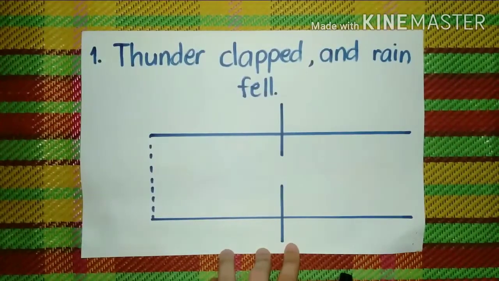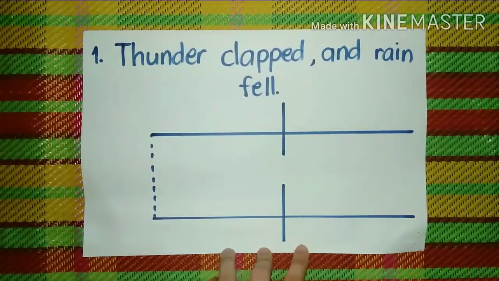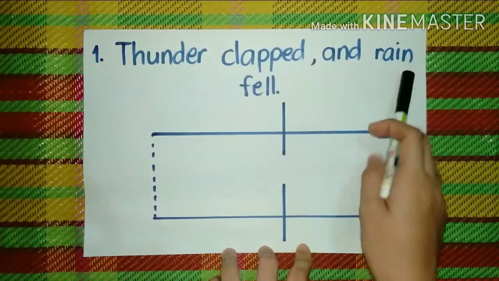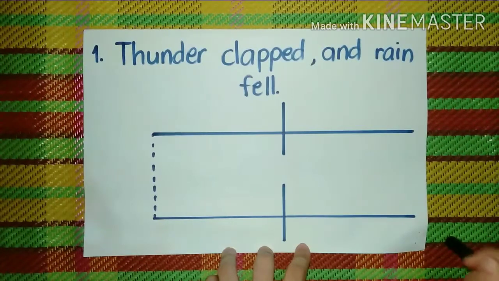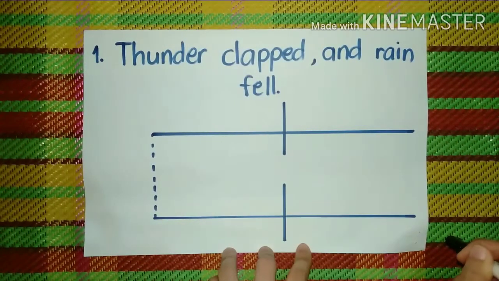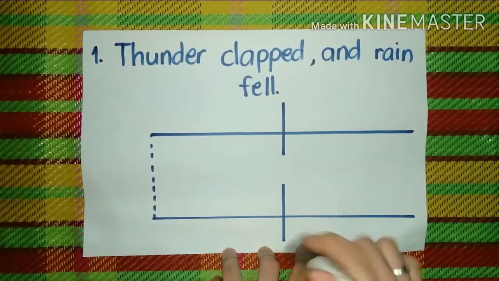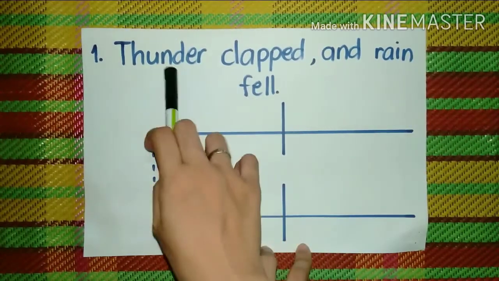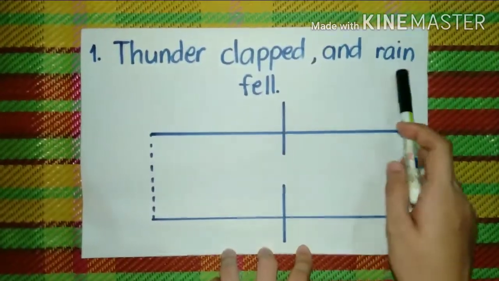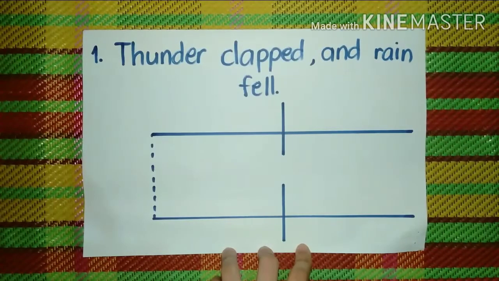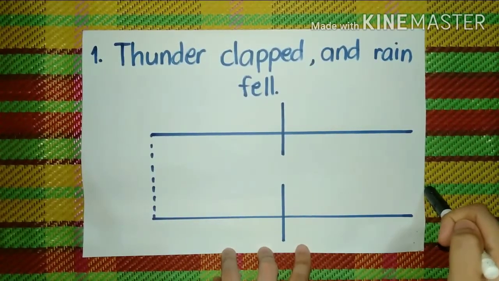Now let's try the first example using the basic diagram for compound sentence. Thunder clapped and rain fell. A compound sentence is composed of more than one idea. So in this sentence, we have two ideas. First, thunder clapped.